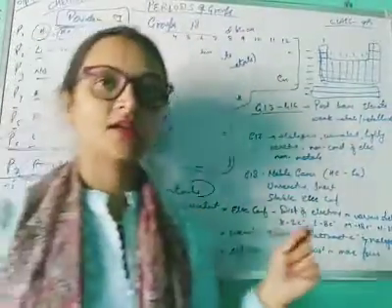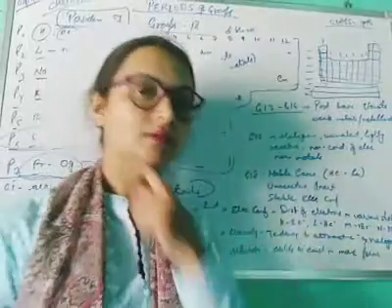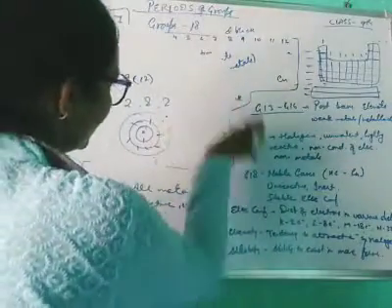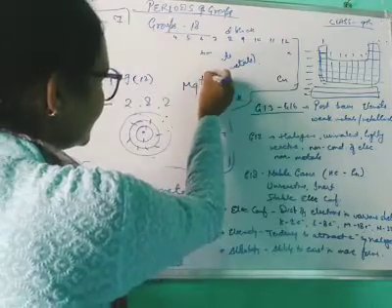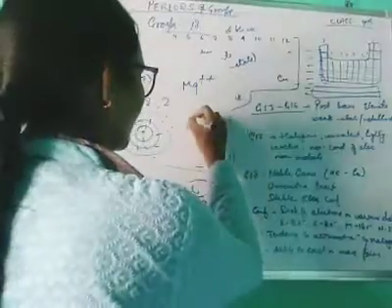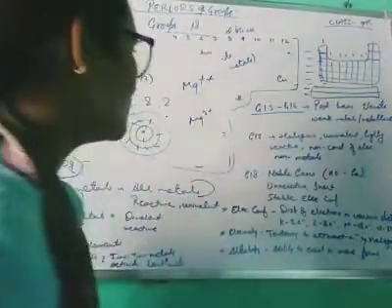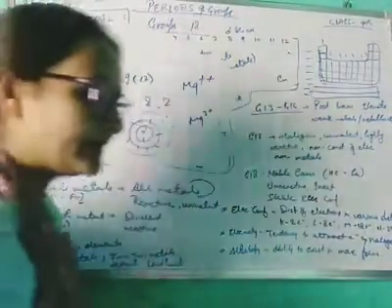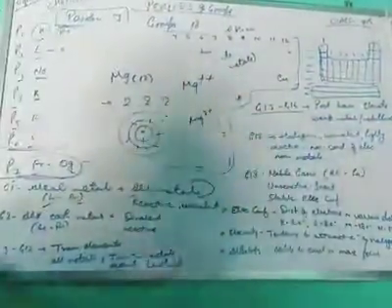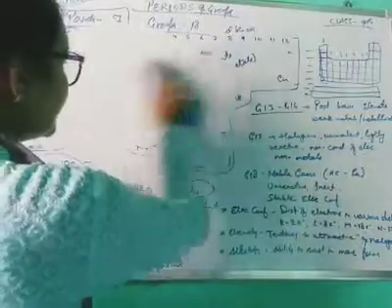Rather than this, it prefers to lose the 2 electrons. That's why when it gives 2 electrons, magnesium gets 2 valency, Mg 2 positive. So the metals have the tendency to lose electrons. So this much is done.